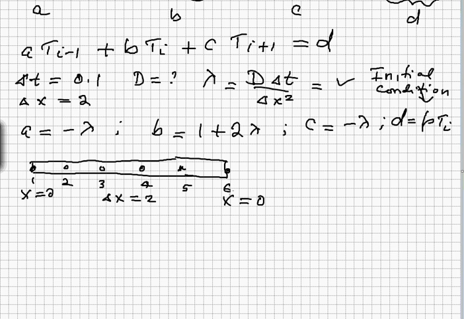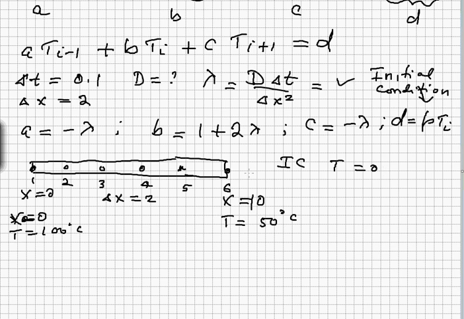So we consider 6 nodes in this problem. And the boundary conditions are given. At x equal to 0, the temperature T was, I think, 100 degrees, and at x equal to 10, T is equal to, how much was it? 50 degrees. The initial condition was T equal to 0 everywhere. So that was the problem we solved.